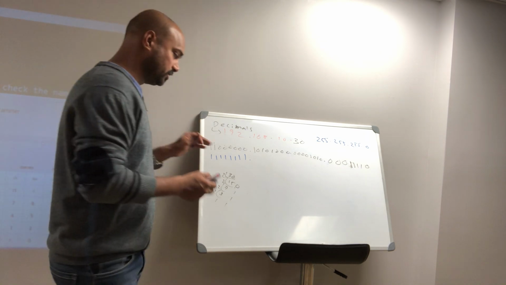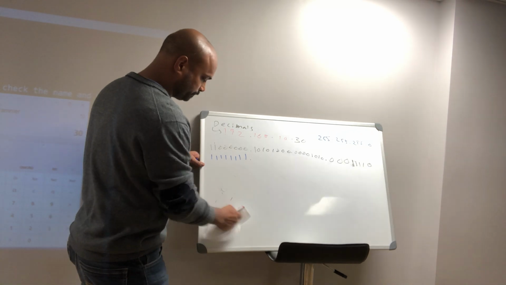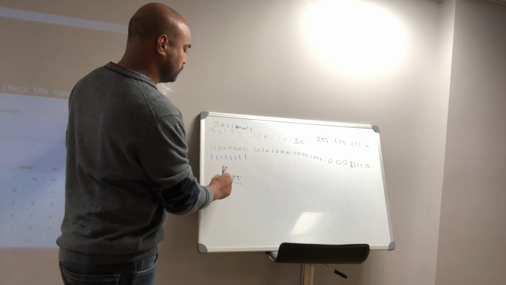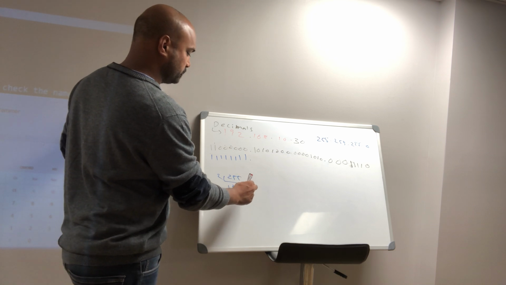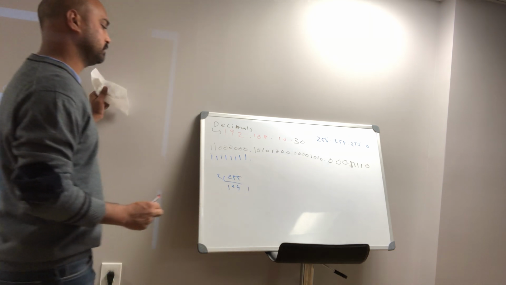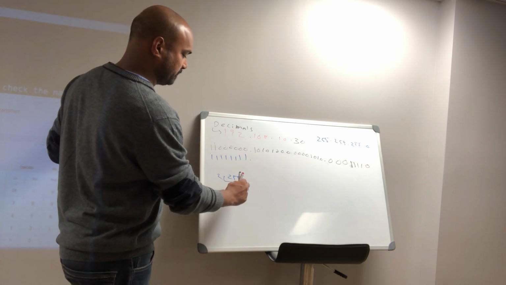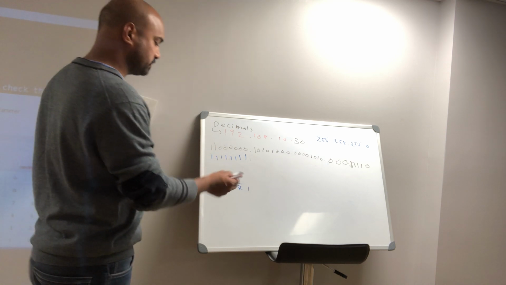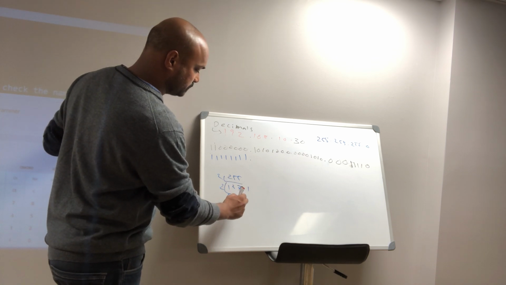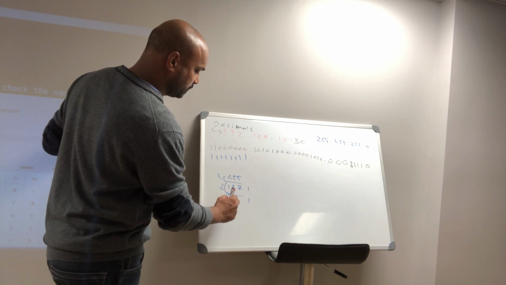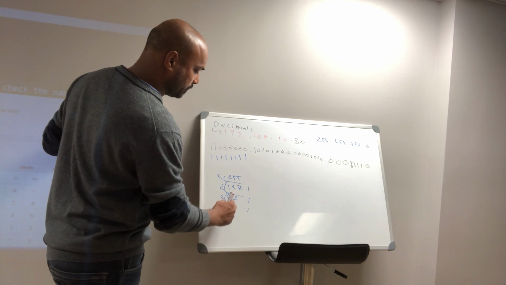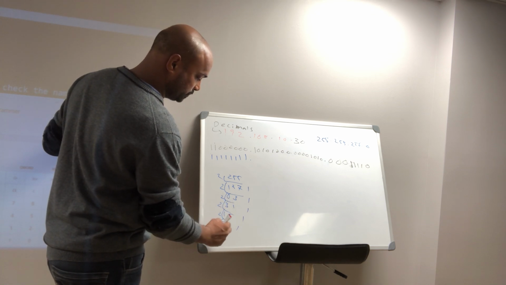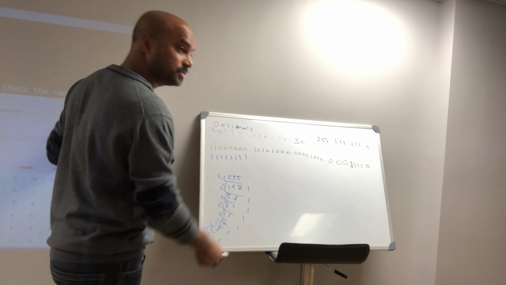If we start dividing by 2: 255, 2 ones are 2, balance 1. 2 twos are 4. 2 sevens... 2 threes are 6, balance 1. 2 sixty-threes, 2 thirty-ones, 2 fifteens, balance 1. 2 sevens, balance 1. 2 threes, 1. 2 ones, 1. See, it's all ones.